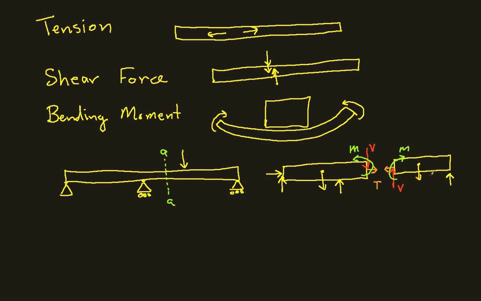And these are drawn, tension is always drawn away from the cut. V is drawn so that if V is a positive force, it will tend to produce a clockwise rotation. So here I have a V going down. That would produce a clockwise rotation of this end. Here I have V going up. It produces a clockwise rotation.